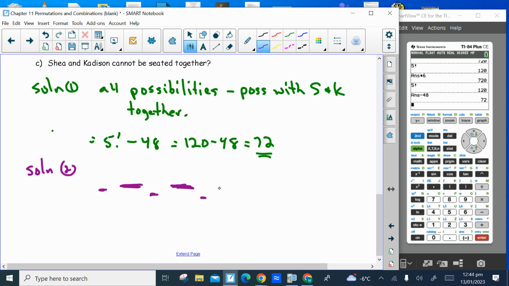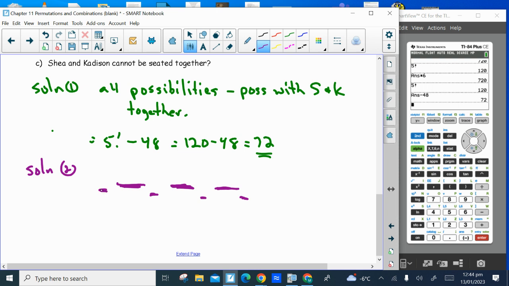So these small spaces on the bottom are showing where we might have Shay or Caddison. The large lines that I have on top are for the remaining other three people. Now, there's only Shay and Caddison, so they can only go in 2 spots, but we can see there are 4 places that we could choose to put the first person.